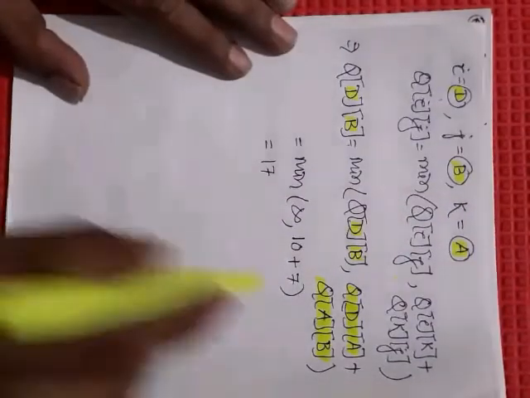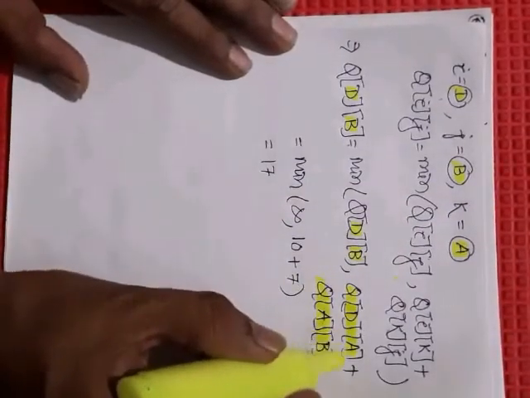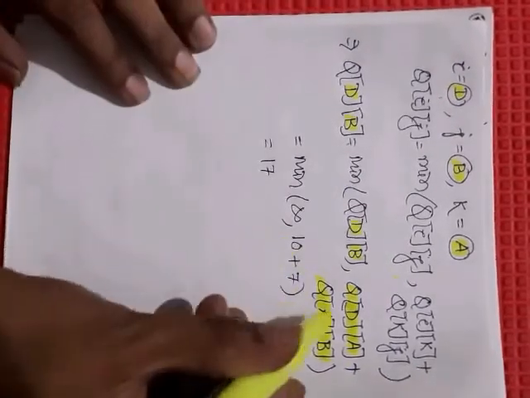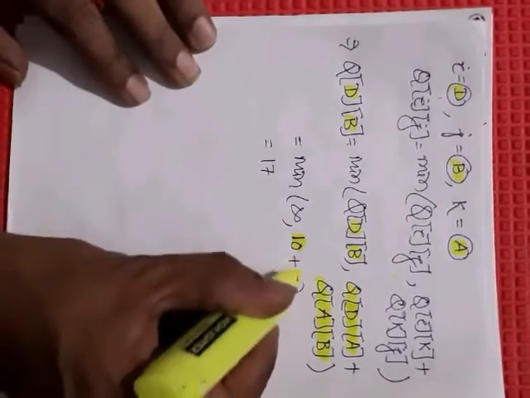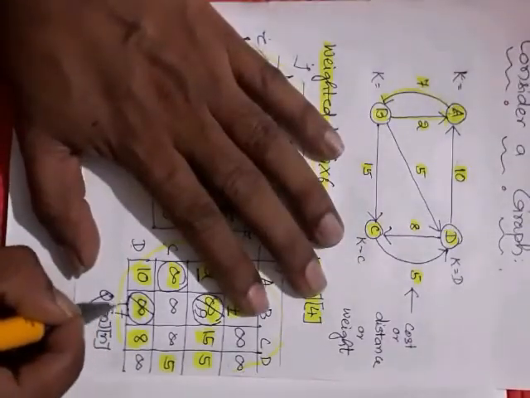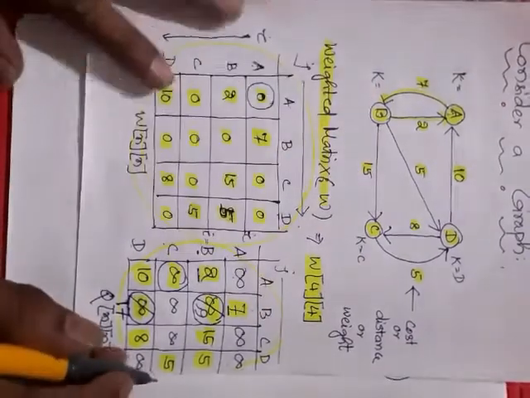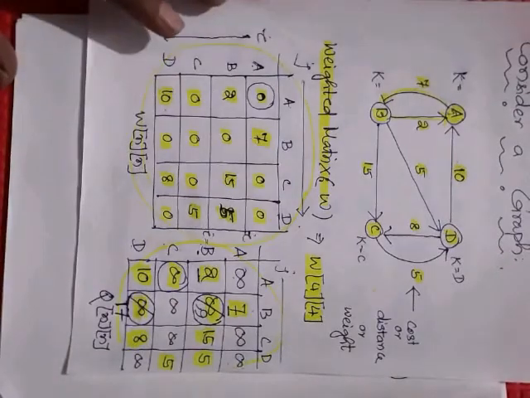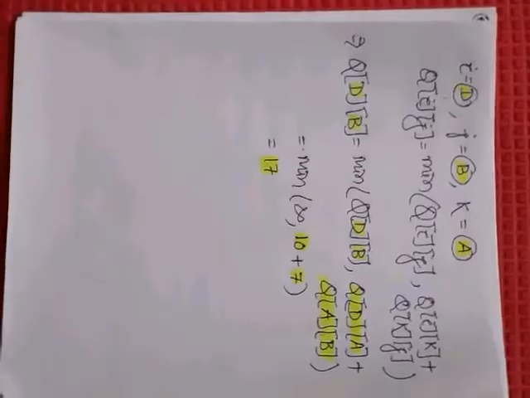If you verify in the statement, Q of da is 10 and Q of ab is 7. So out of this the minimum is 17, and this value will be updated to 17. Like that the example will be executed.